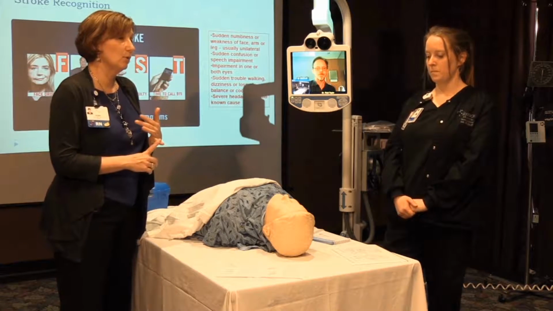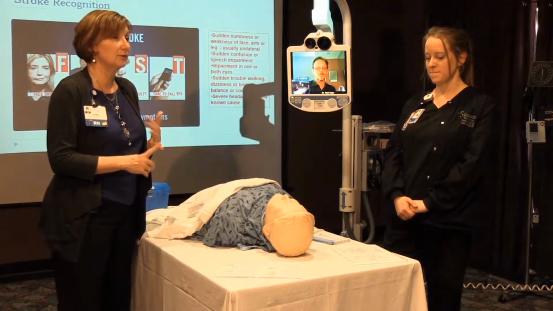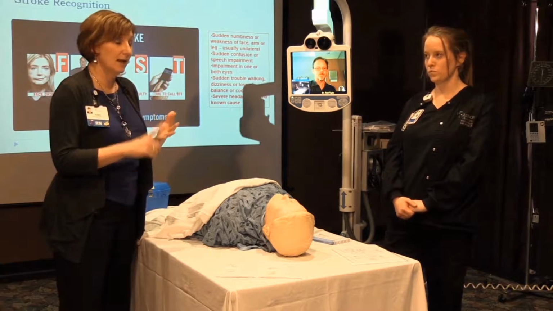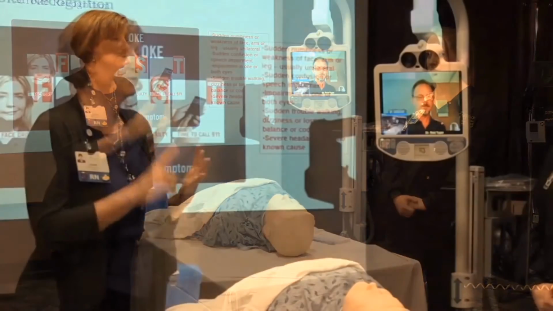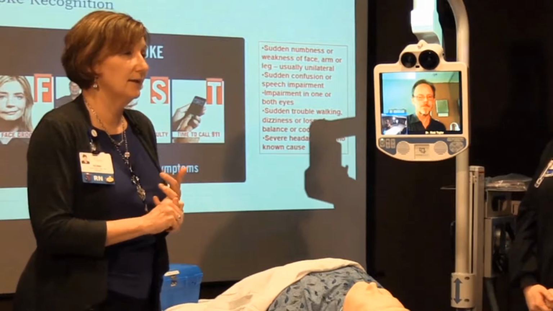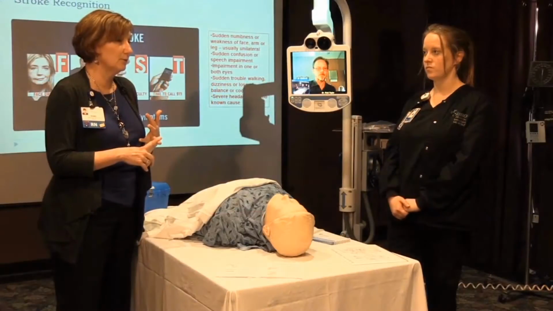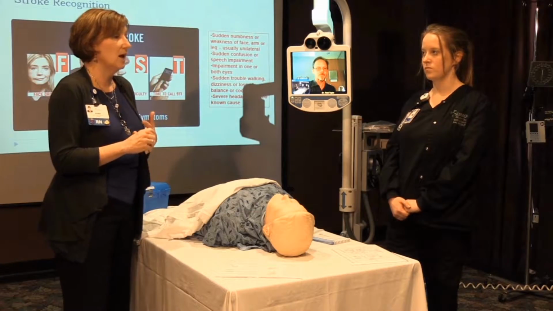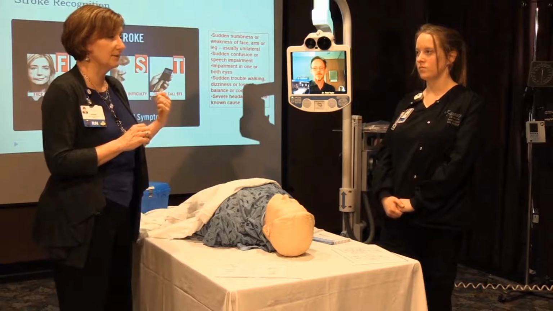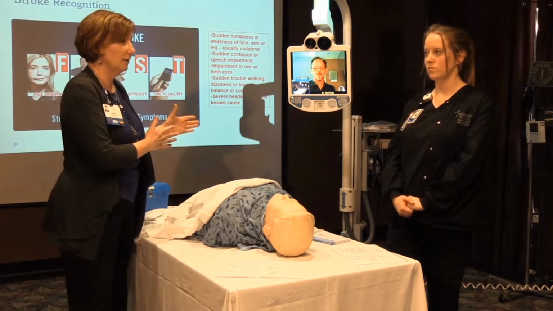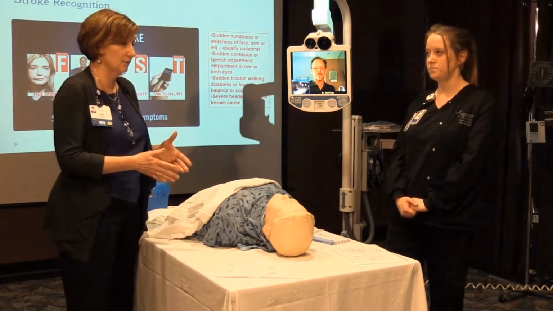A few things to remember when you activate a code stroke telestroke. You're going to CT scan, you know you're working a code stroke, you simultaneously activate the telestroke provider by calling Mission Direct, talking to the supervisor there, telling them what you have. He or she will then have the time to get on the laptop to beam into the device here to see the patient.